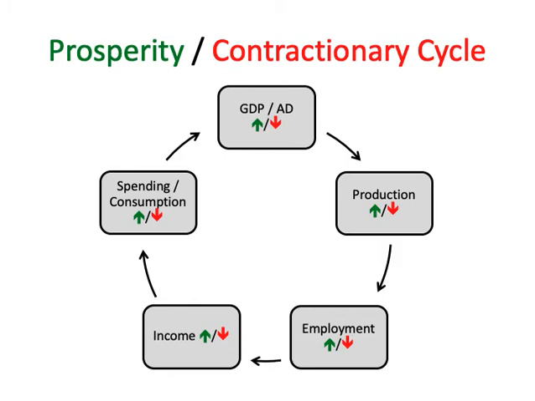The contractionary cycle is the exact same in that if GDP goes down, production starts to go down, as we can see what's happening right now. People get laid off, people lose their jobs, have no money, spend much less money, all these kinds of things. And so the contractionary cycle also feeds off of itself, and it's going to be problematic going into the future.